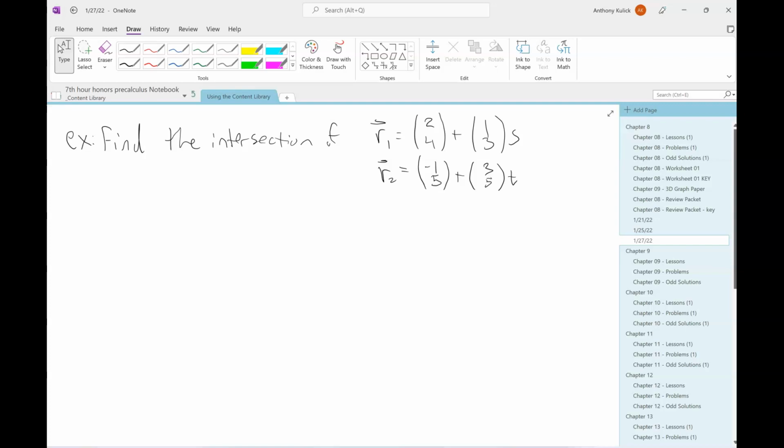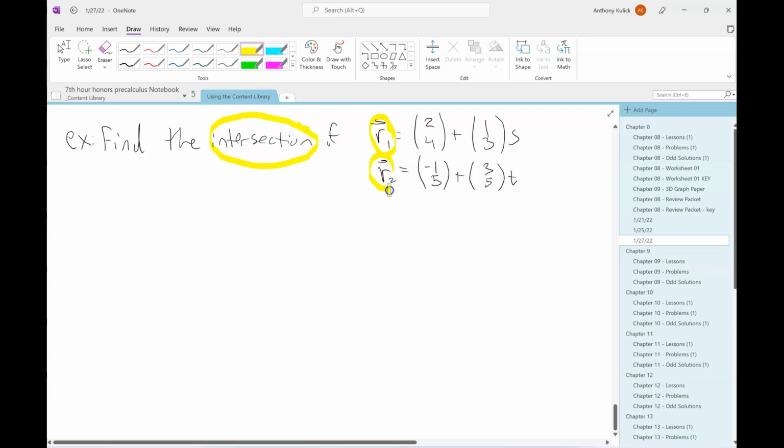So what's going on here? I know if 2 lines intersect someplace, they have a point in common, right? Everybody agree with that? So if these 2 vector line equations intersect, they're going to have some point vector in common. I'm going to call that point vector xy.